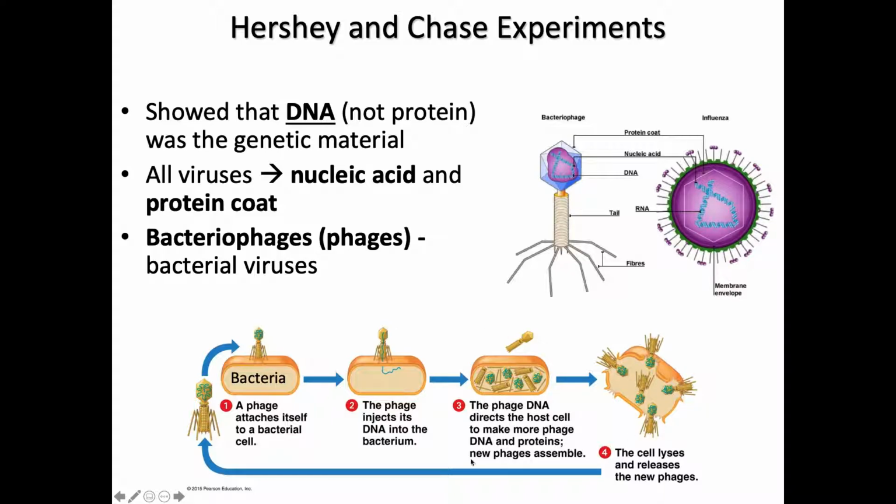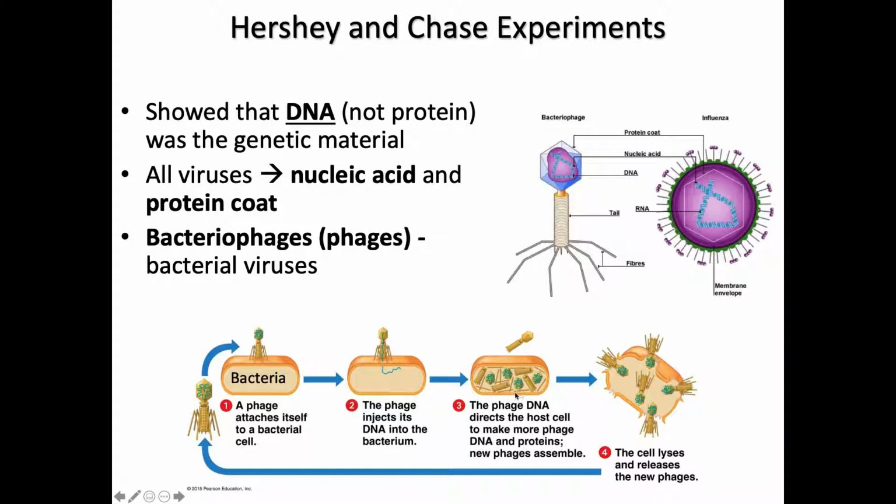So basically, how their experiment is run, you have your bacteriophage, a virus that specifically infects a certain bacteria. Here's the virus attaching to the bacteria, and the virus will inject its DNA into the bacteria. The DNA will use the host's machinery, cell resources, and energy to make new parts of the virus.